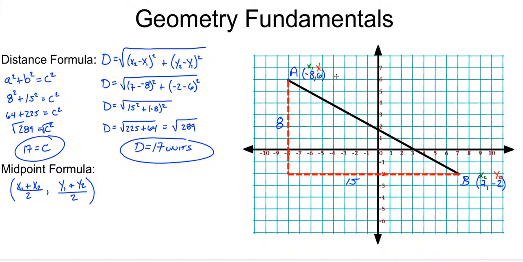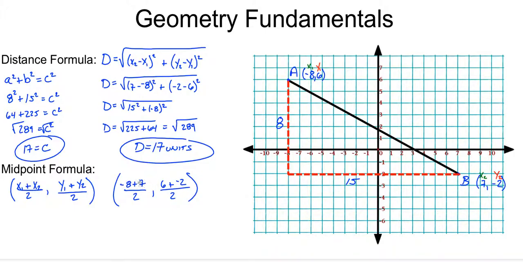So if I try that over here for AB here, that's going to be -8 plus 7 divided by 2. That's going to give me my x value. And if I do 6 plus a -2 divided by 2, that's going to give me my y value.